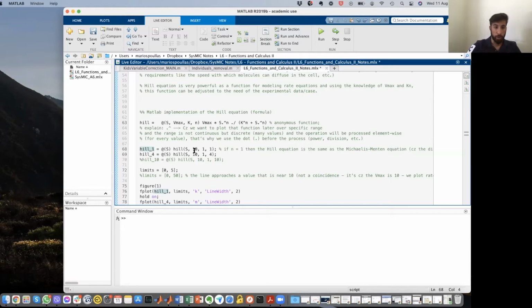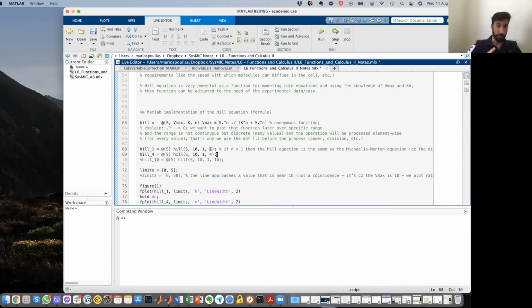For the maximum rate, Vmax is 10. So 10 is the maximum rate of this equation. Then we've got K, the constant, equal to 1, and N, the exponent, is again equal to 1 here.